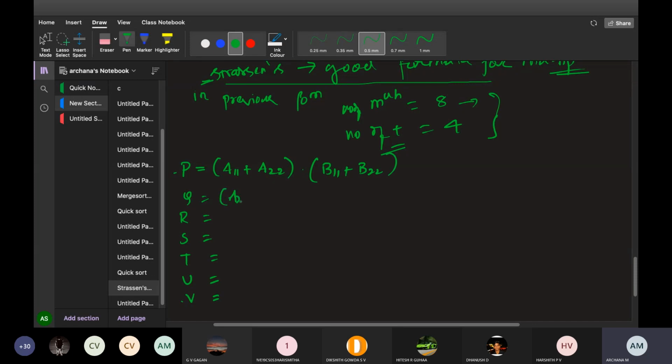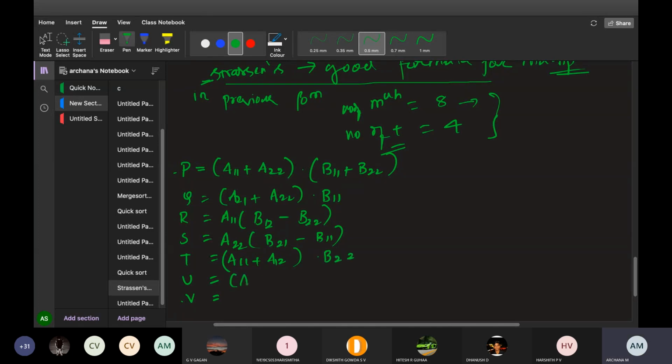Q equals (A21 plus A22) into B11. R, you have to write the same formulas, you should not change them. S is equal to A22 into (B21 minus B11). T is equal to (A11 plus A12). This is also the divide and conquer technique only.